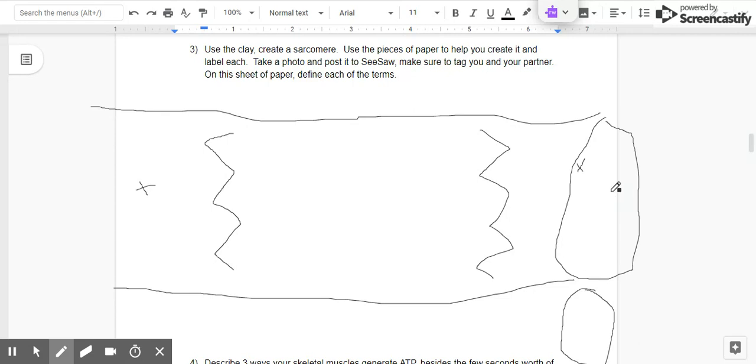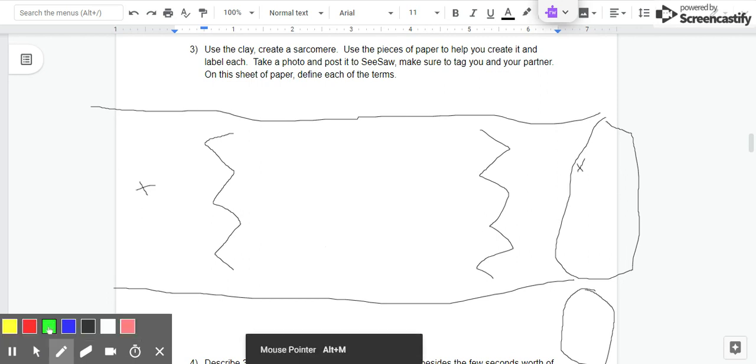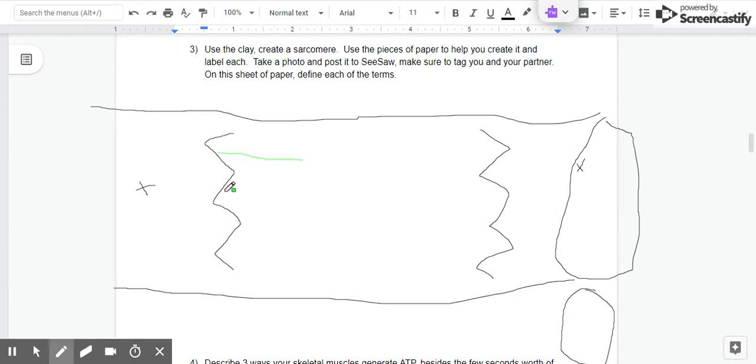And then myofibrils are made up of myofilaments, which I'm going to draw next. And the myofilaments are the actin and myosin. So the thin filament is anchored to the Z-disc, so you would have one going this way, and you would have some going this way for the sarcomere over here. This is actin, the thin filament. Let me continue to draw my actin.